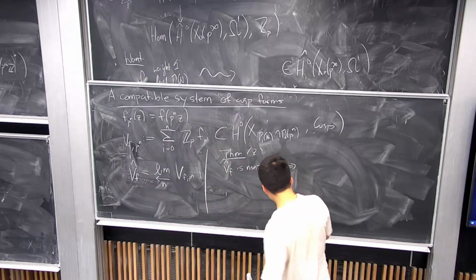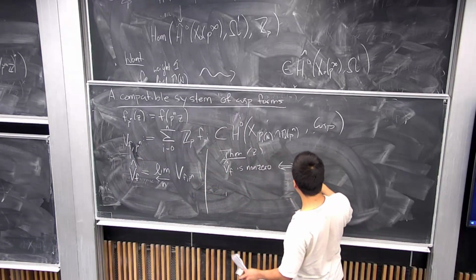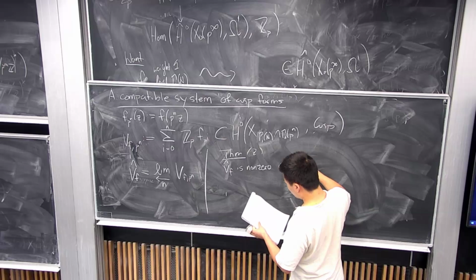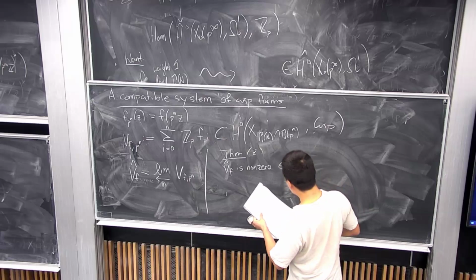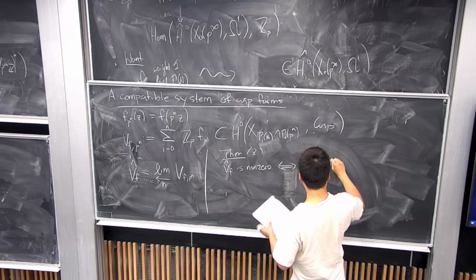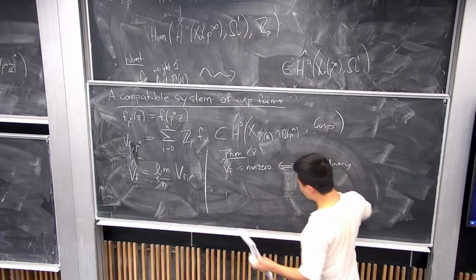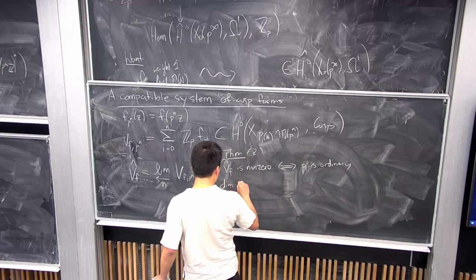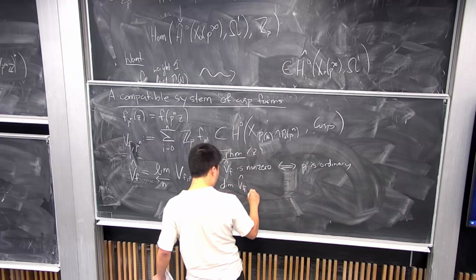In general, I don't really want to consider 2 and 3, but if you want to consider 2 and 3, it's non-zero as long as P is ordinary. And if P is bigger than 3, then this is always non-zero. And I can explicitly tell you what the generator of this is.